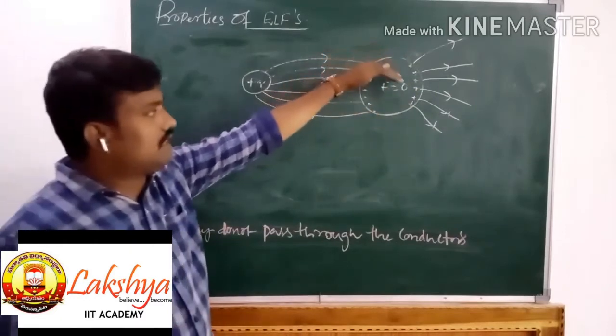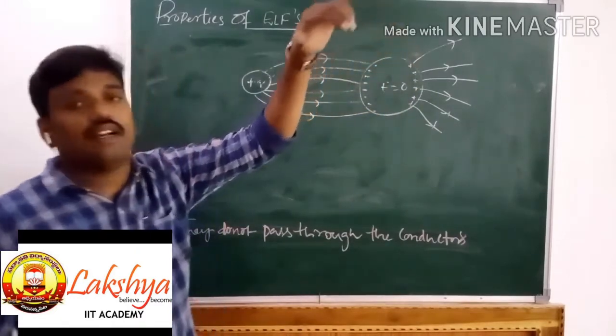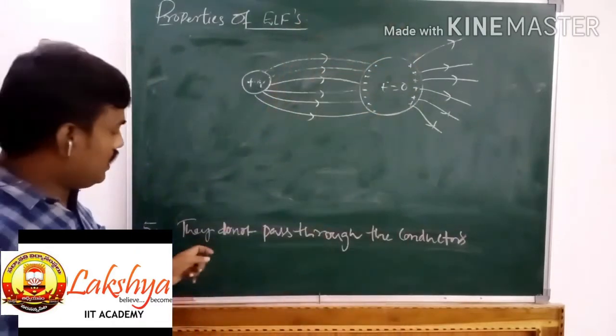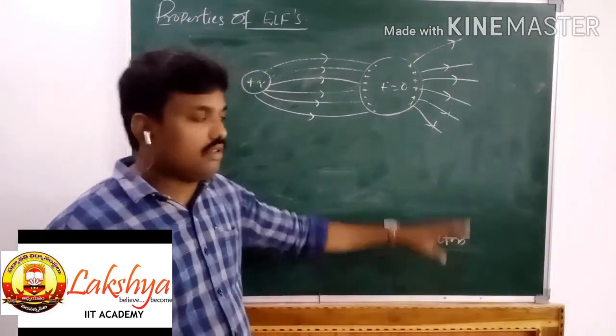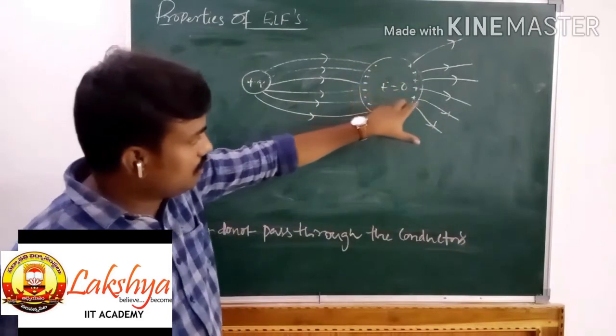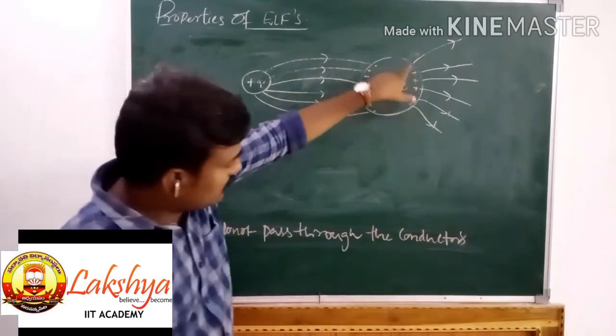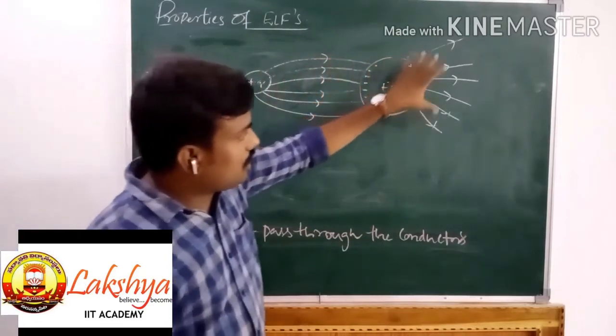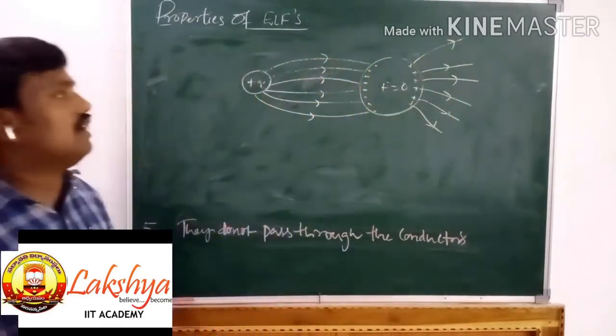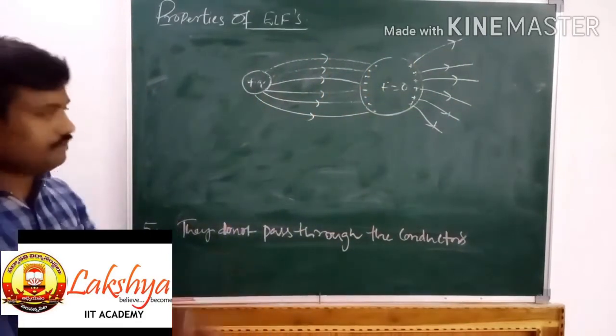Hence, we can say that there is no electric field inside the conductor. So we can write: they do not pass through the conductors. As there is no existence of electric field inside this conductor, these electric lines of force do not pass through the conductors. Okay?